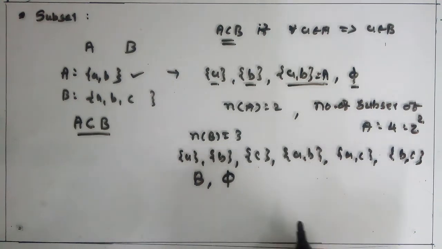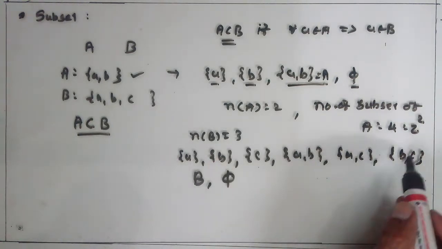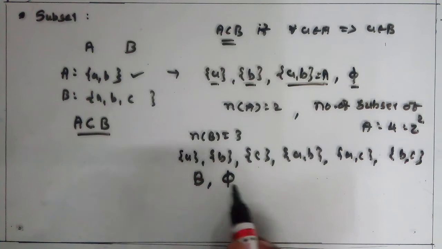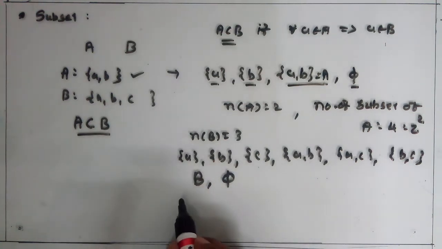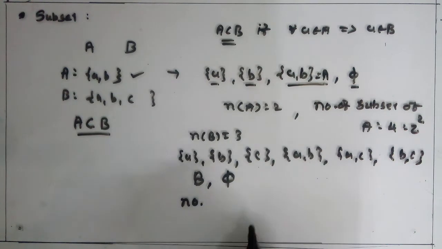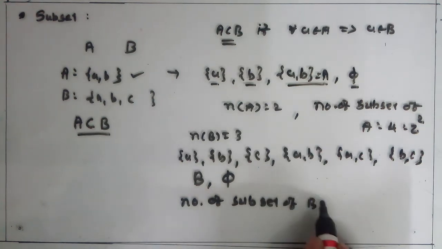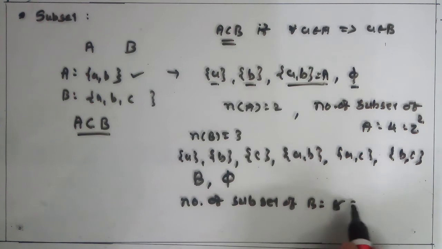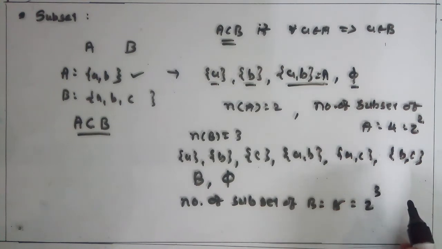Count the number of subsets of B: 1, 2, 3, 4, 5, 6, 7 and 8. So the number of subsets of B becomes 8. Change into base 2 form: 2 raised to 3.